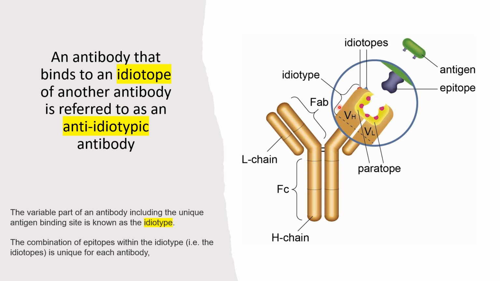More rarely, you can even have anti-idiotypic antibodies that are actually recognizing the paratope-epitope combination. So in that case, they're only recognizing bound antibodies. So it's possible we're using a panel of anti-idiotypic antibodies to recognize bound, free, or total therapeutic antibody within the body.